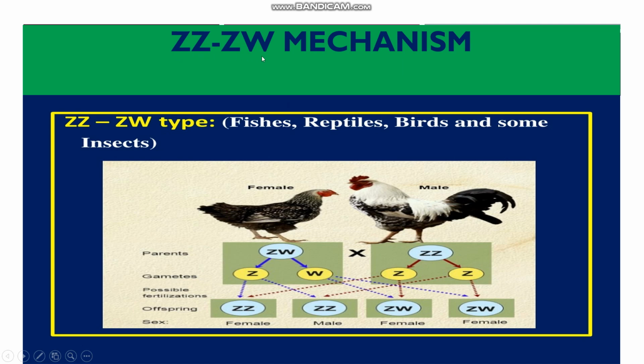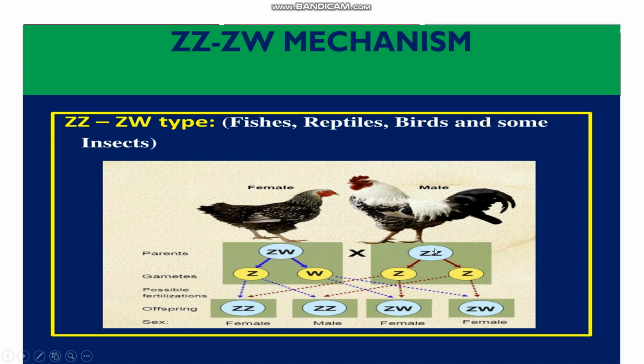A third type of sex determination is the ZZ-ZW mechanism. Here the females are heterogametic and the males are homogametic. So ZZ is male and ZW is female. So here you can see the females are heterogametic, producing dissimilar gametes, some gametes carrying the Z chromosome and some gametes carrying the W chromosome.